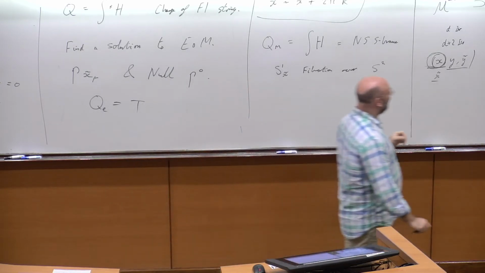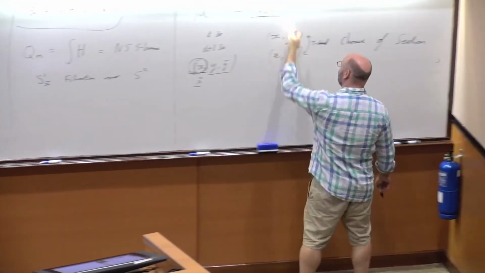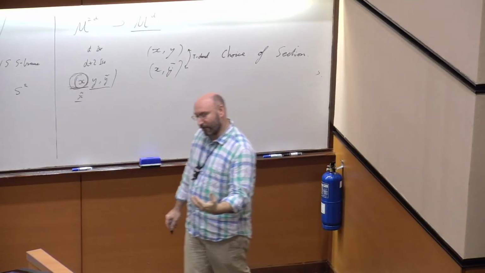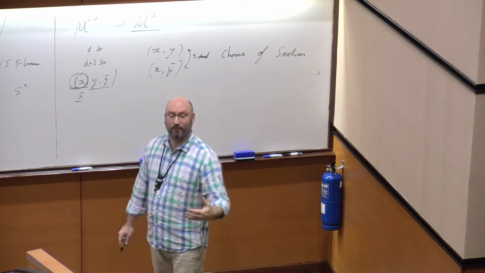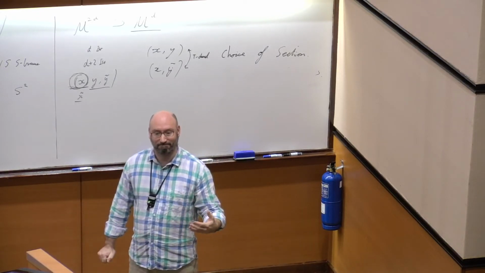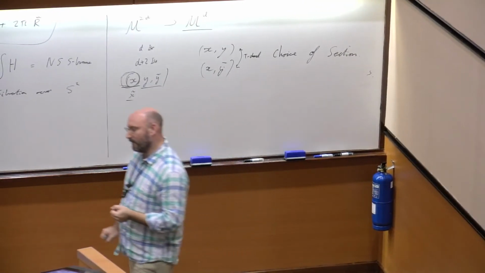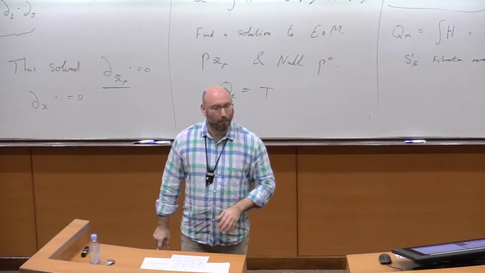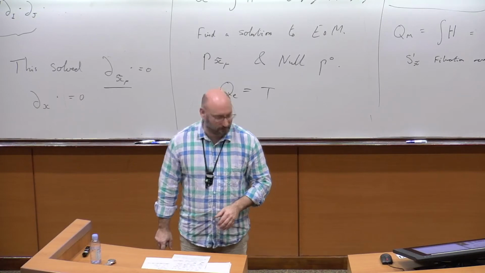So now I would have either x or x tilde, or in this case y or y tilde, and the constraint means my functions will only depend on one or the other.